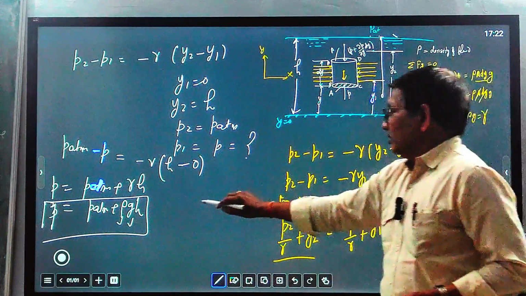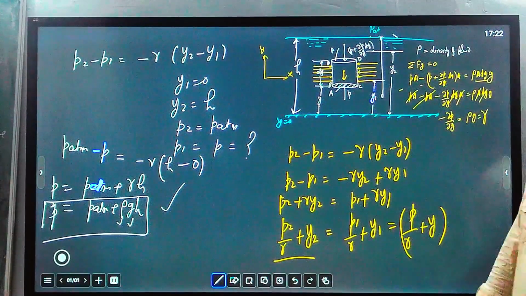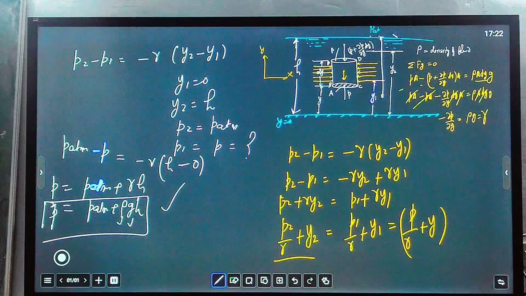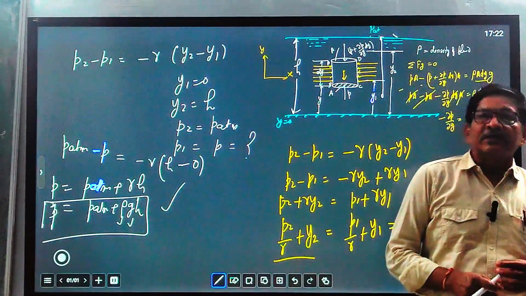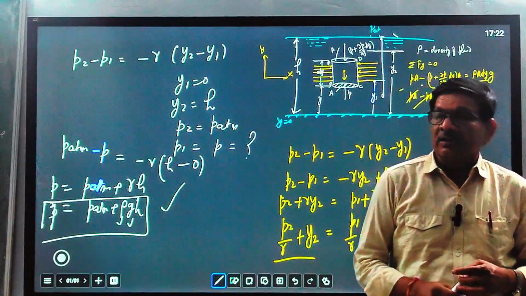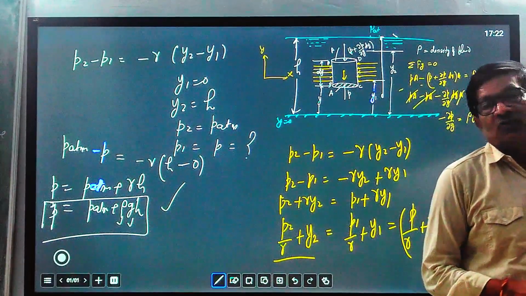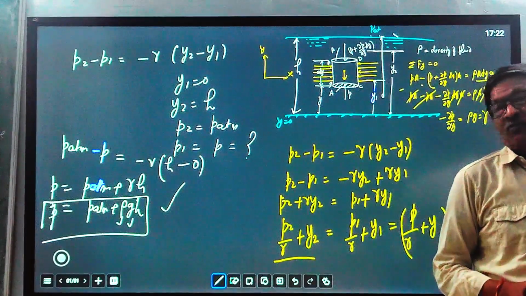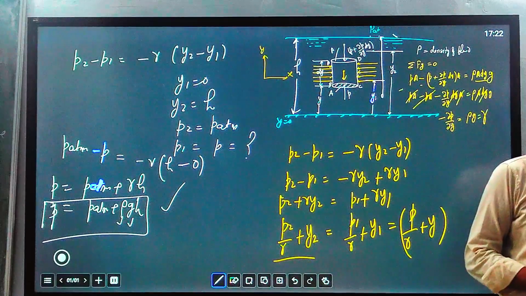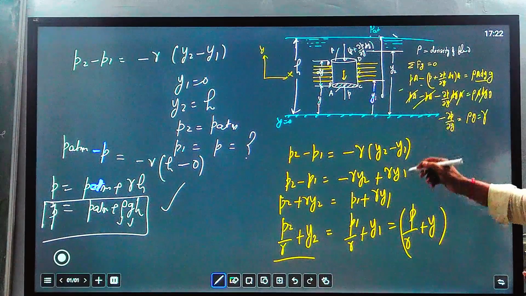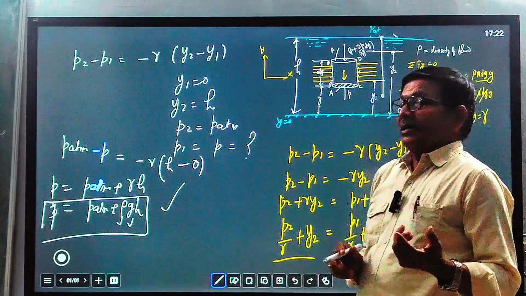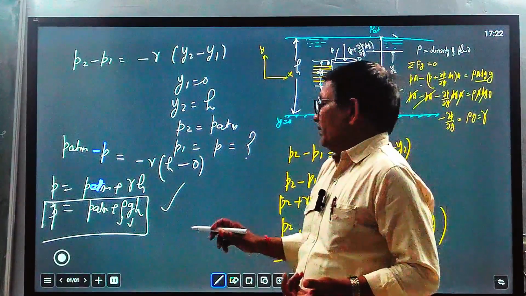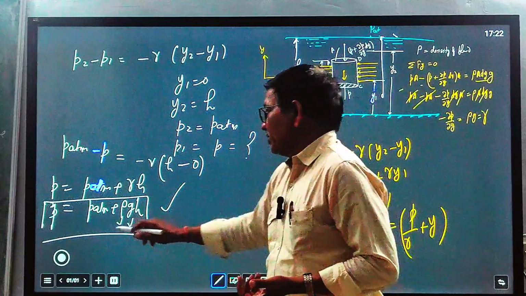By using this equation, you can find the pressure at any point, and this concept of measurement of pressure is applied in all kinds of measuring devices, whether it is a piezometric tube, a U-tube manometer, or a differential U-tube manometer, any kind of manometric device. This is the concept where we have to apply Pascal's law, and by applying Pascal's law, we got this pressure.